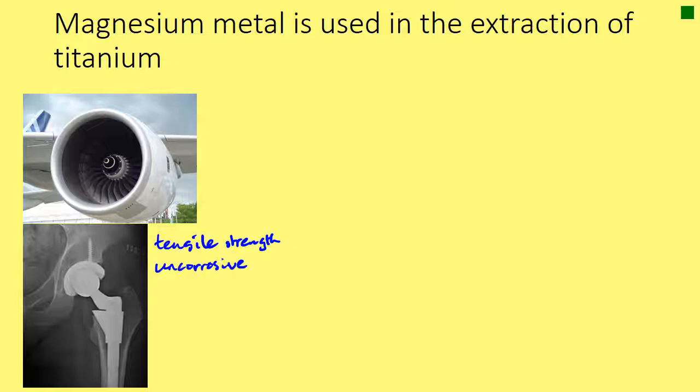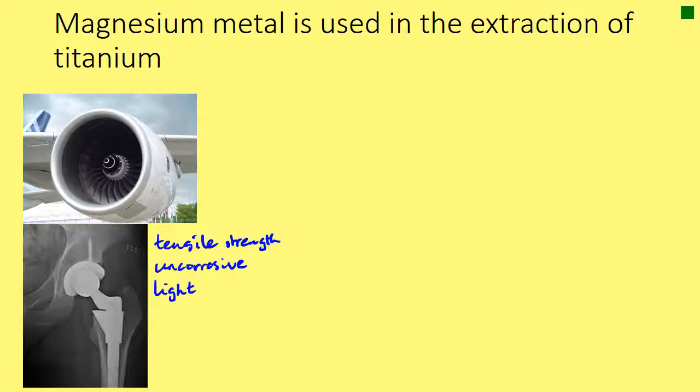It's also light, because its density is about half that of steel. For those three reasons, it is better than steel, and yet it's much more expensive than steel because of the extraction process.